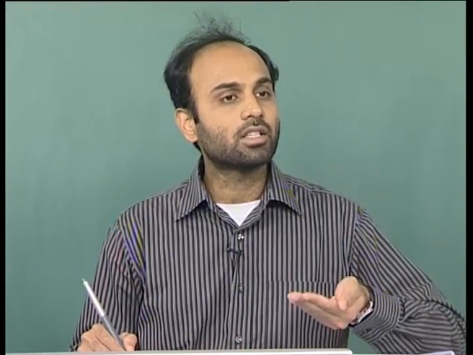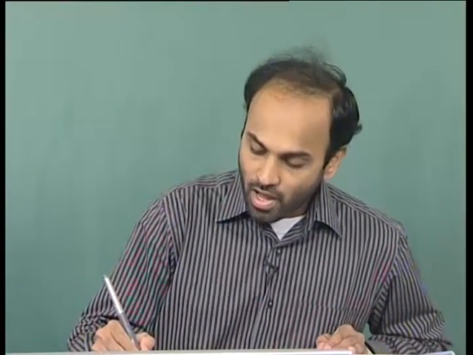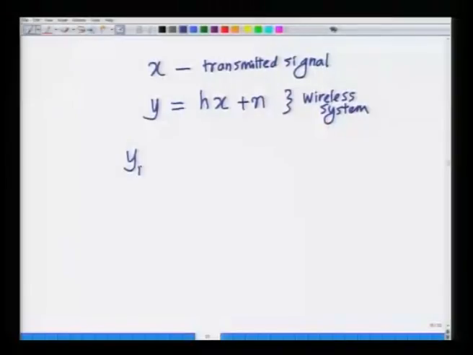I am receiving on receive antenna 1. So, I will have y1, which is the signal received on receive antenna 1, equals h1, which is the fading coefficient between the transmit antenna and the receive antenna 1, times the signal x plus n1, which is now the noise at receiver 1.